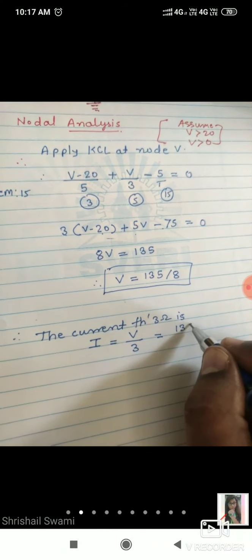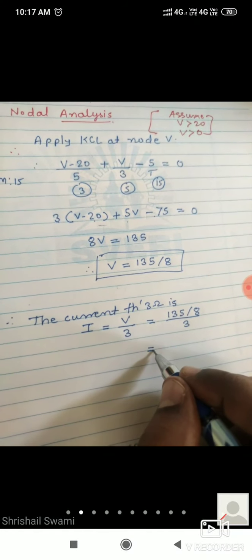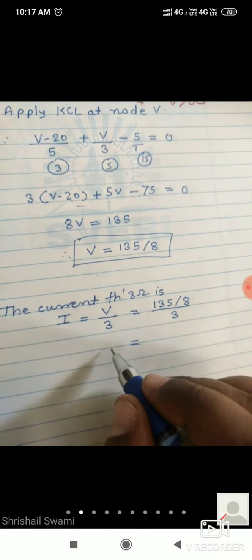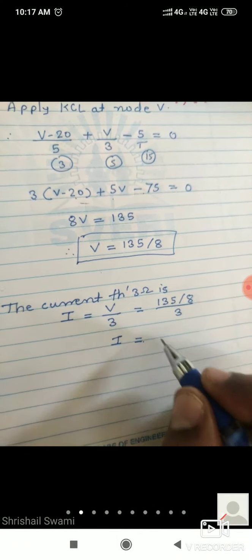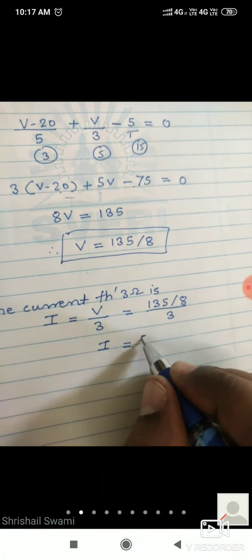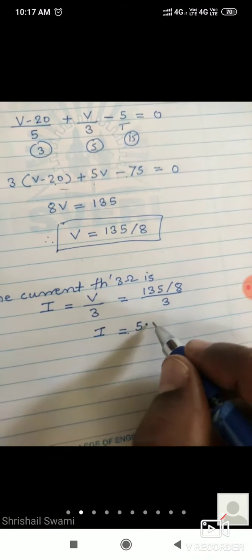V is 135 divided by 8 divided by 3. Okay, now what will be the answer? I is equal to 5.625.